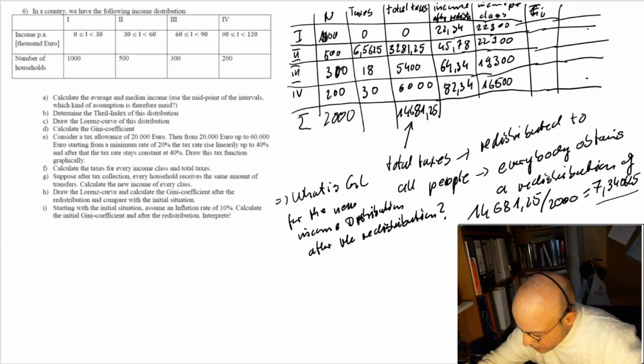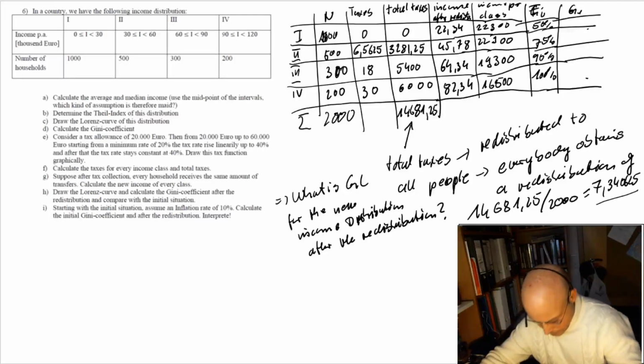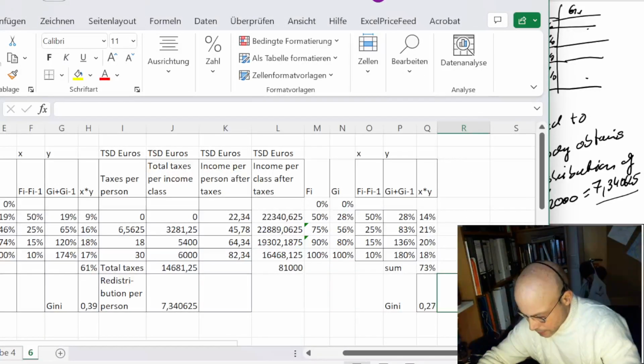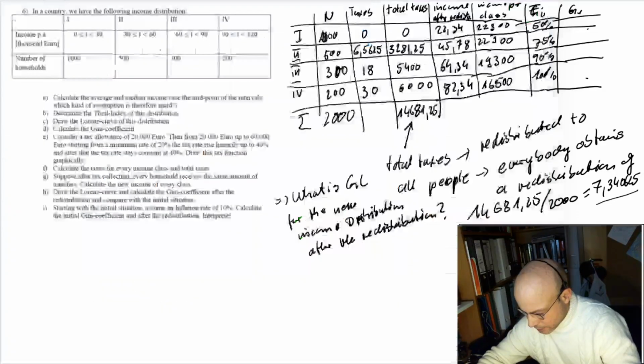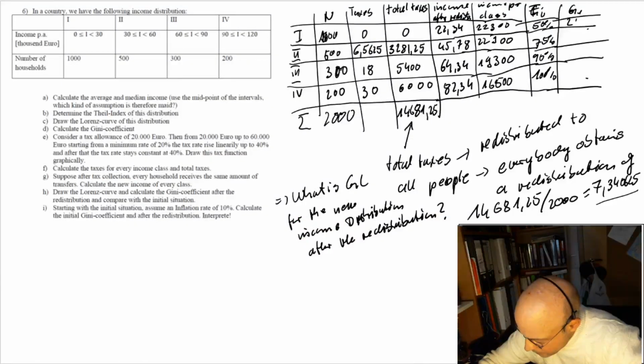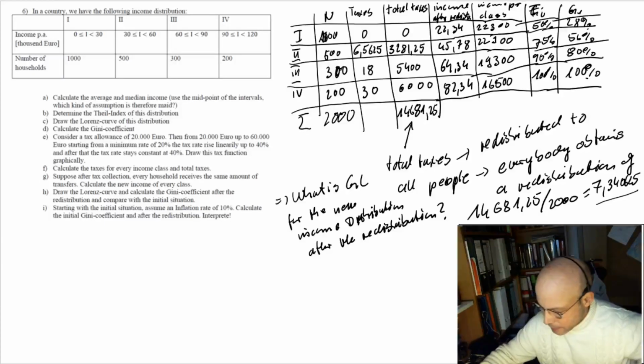And this was then 50, 75, 90, 100, and to be complete we have 28, 56, 80, 100%.